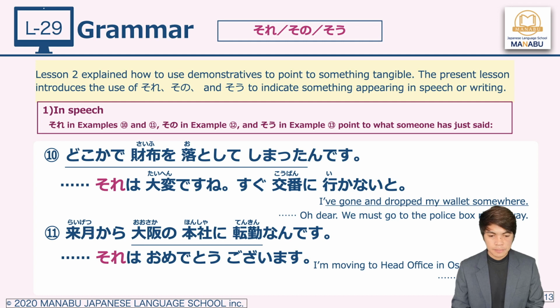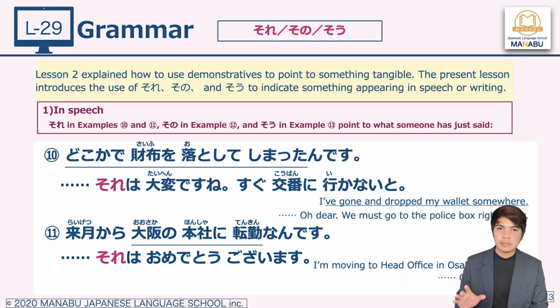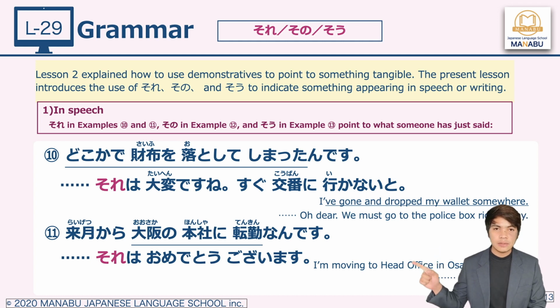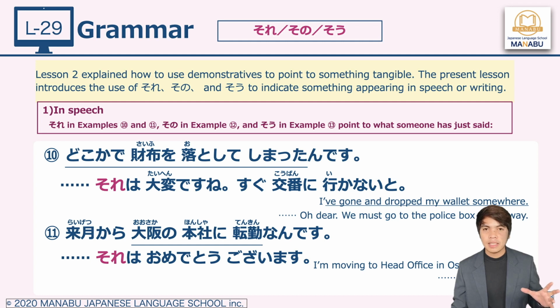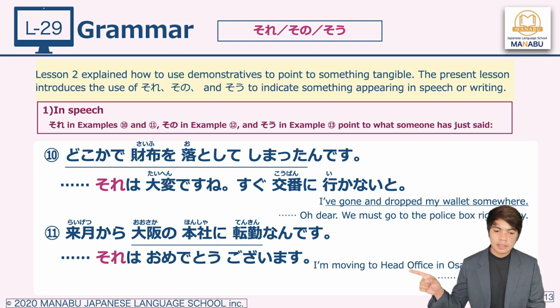Example number 10, どこかで財布を落としてしまったんです. Someone has said that sentence. Now, the other person says, wow, that's bad. それは大変ですね. すぐ交番に行かないと. So the それは is pointing to what someone has said.